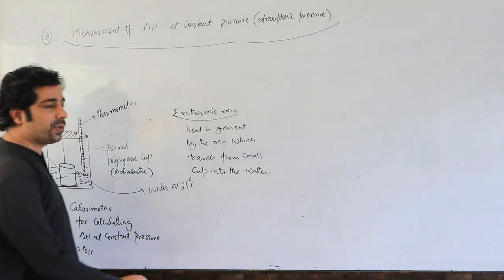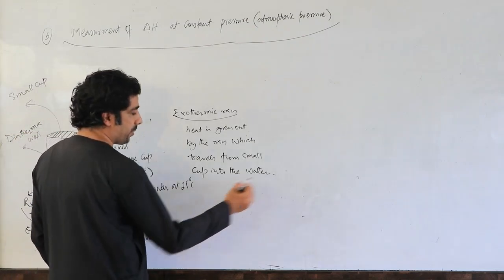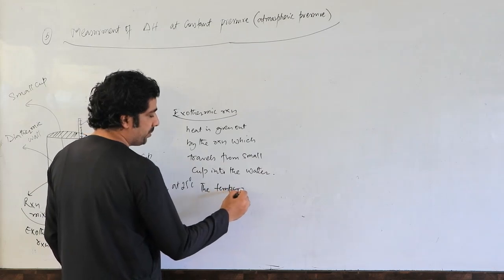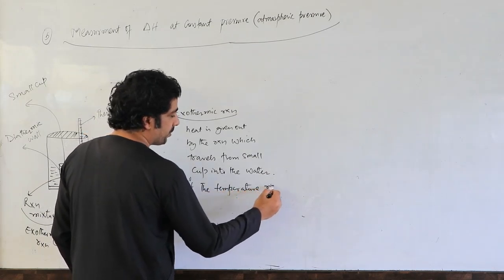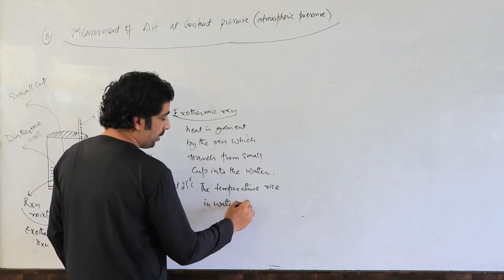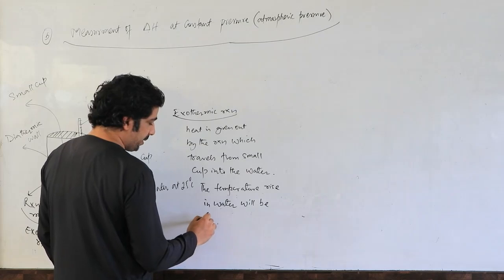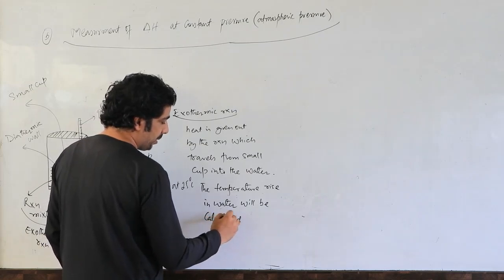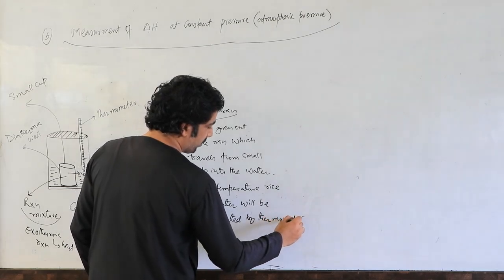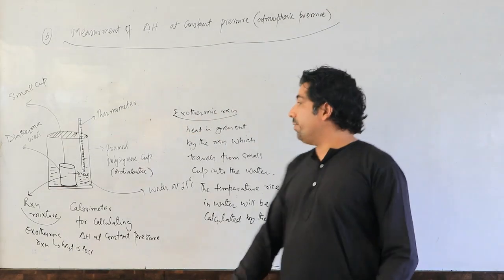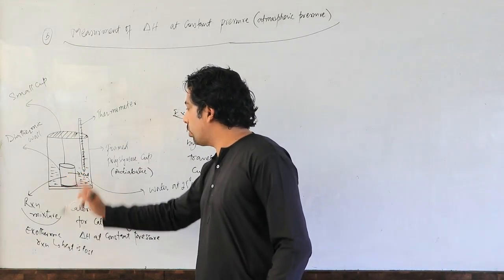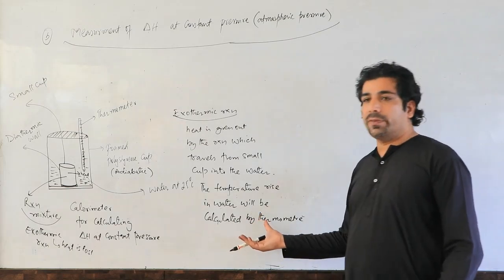So when it travels from the small cup into the water, the temperature rise in water will be calculated by the thermometer. So now you are aware about this particular thing. The heat is lost by this reaction which is absorbed by water. So temperature of water will increase.